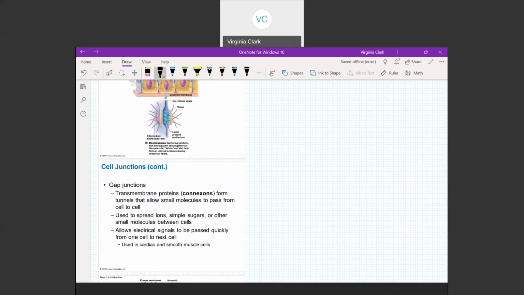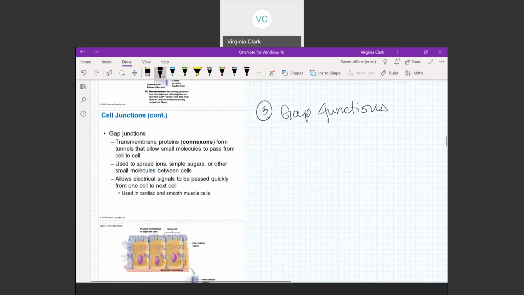The third type of connection is going to be called gap junctions. And gap junctions are going to form by little tiny tunnels called connexons, and they will allow molecules to pass from cell to cell. So it also allows electrical signals to pass quickly from one cell to the next. And the way that works is, here is my one cell, here's my other cell, but it's a gap junction, it's a tunnel.